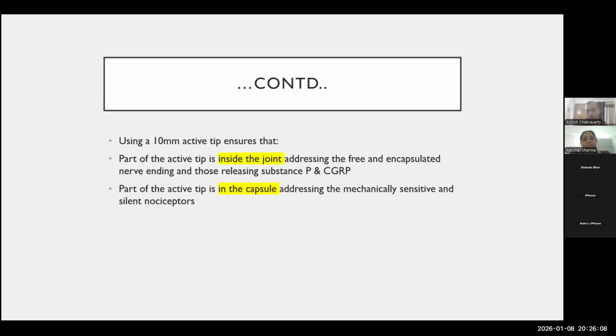So my rationale for doing this procedure was based upon these three reasons, and I purposefully used a 10 millimeter active tip so that a part of the active tip remains inside the joint and part of it remains embedded in the capsule to denervate the joints properly.